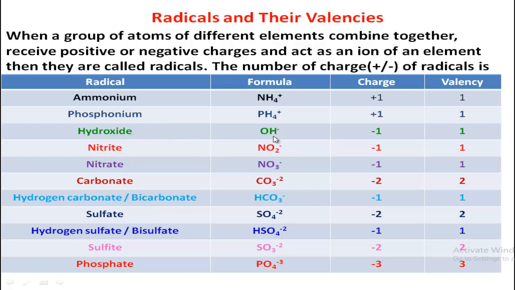You know the hydroxyl, nitrite, carbonate, bicarbonate, sulfate, hydrogen sulfate or bisulfate, sulfide, phosphate radicals, etc. You know the formulas of these radicals very well, so you also have to remember the charge number, because this charge number is the valency of the radical. To write the molecular formula properly, you have to memorize the formulas of these radicals and also remember their valencies.